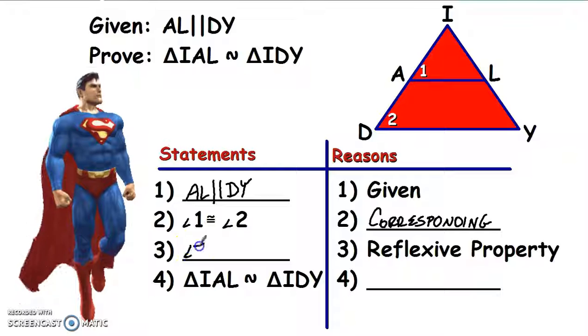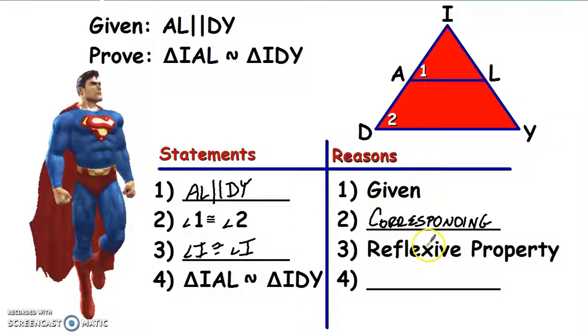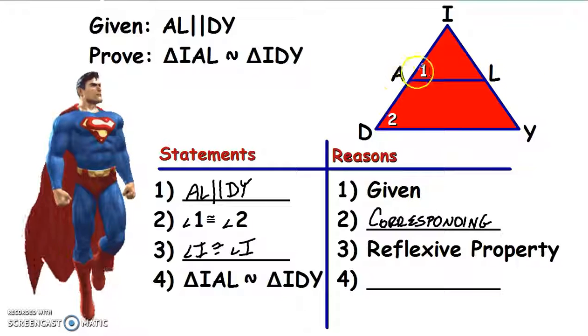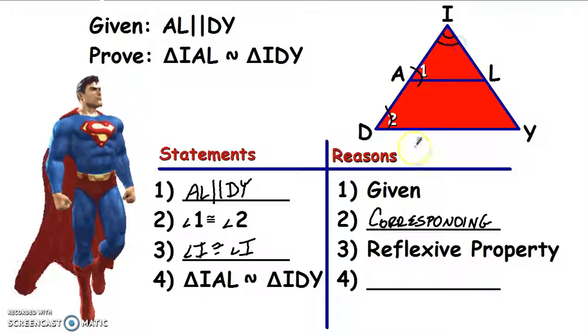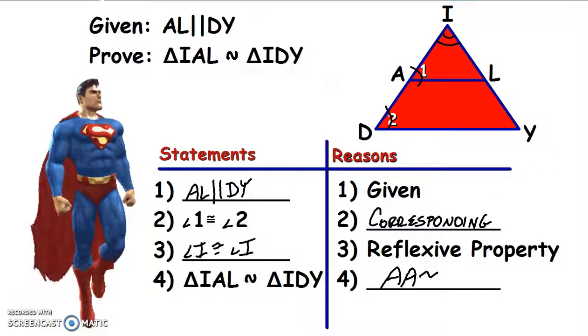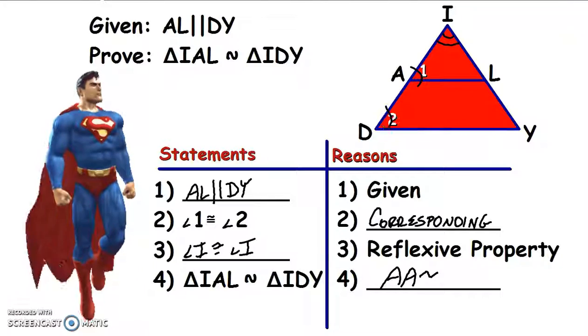I know that angle I is congruent to itself because it is shared, thus the reflexive property, which means if these angles are congruent and this angle is the same for itself, that's all I need to know: angle, angle similarity.